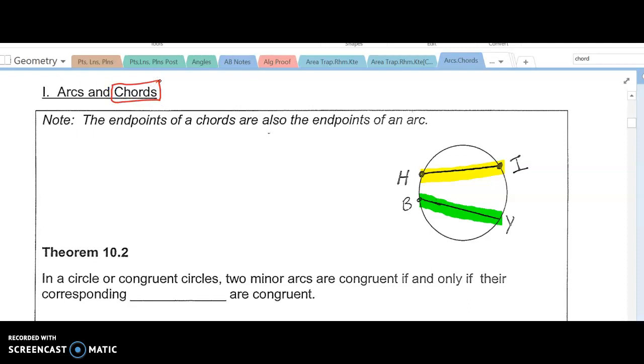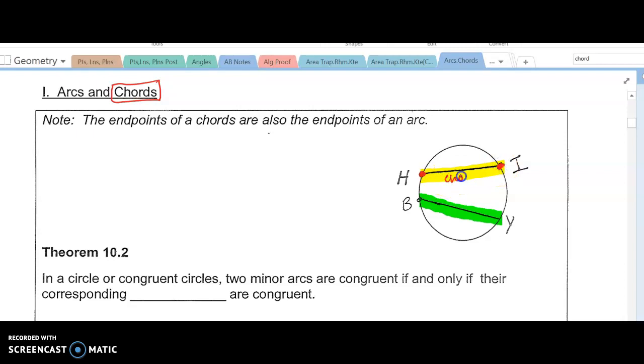Chords are segments that go all the way across the circle, and their endpoints are on the circle itself. So remember, a diameter is a special kind of chord. And so what it says is, note, the endpoints of chords are also the endpoints of arcs. So we have HI here is a chord.